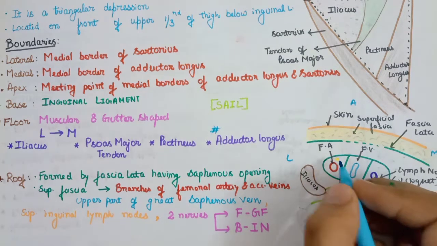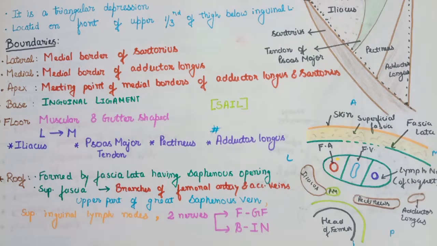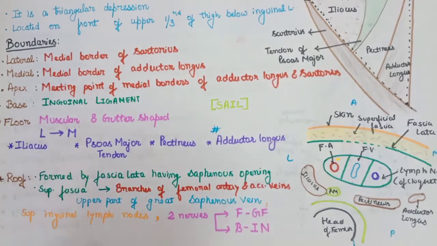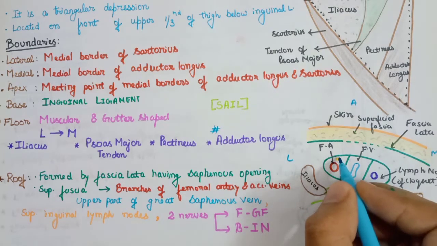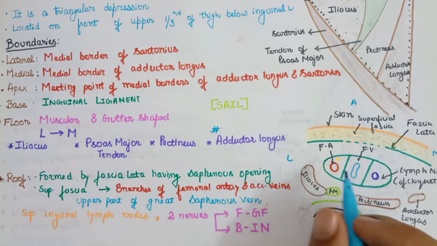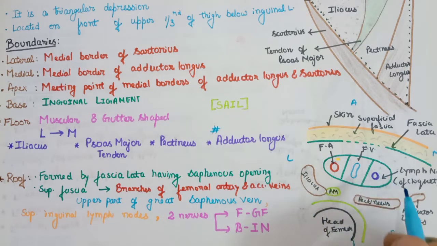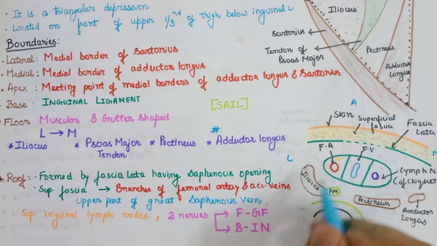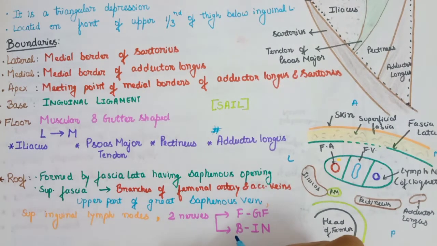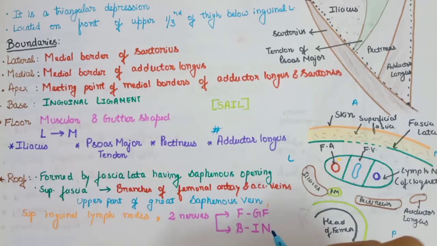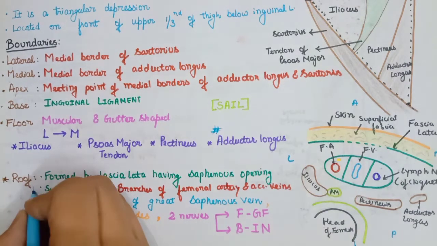If you study the different plexus of the lower limb, I have mentioned the genitofemoral nerve there. Along with that we have one more nerve, called BIN. BIN stands for branches of the ilioinguinal nerve. These contents present in the superficial fascia you must remember.